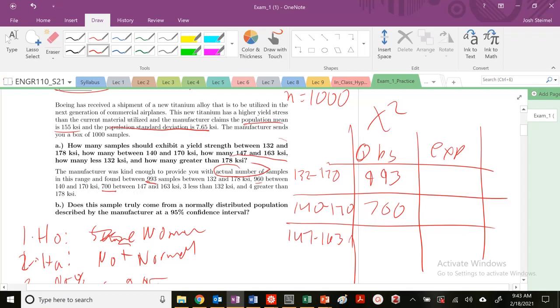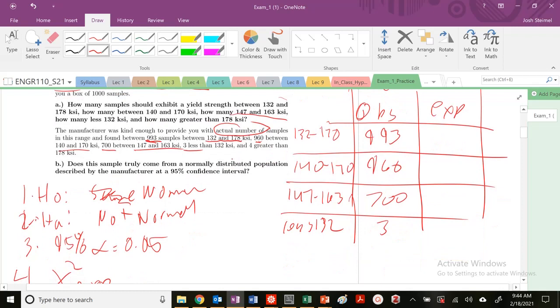Excuse me, I had a little mistake that would have been a big mistake. So 993 between 132 and 178, 960 between 140 and 170, 700 between 147 and 163, and then less than 132, we found 3, and finally greater than 178, we also found 4.